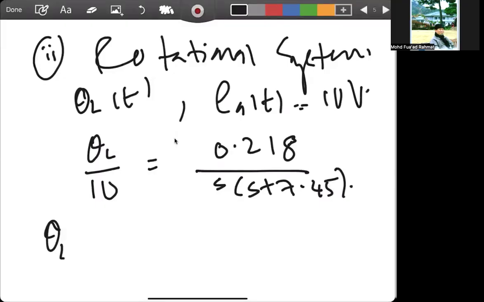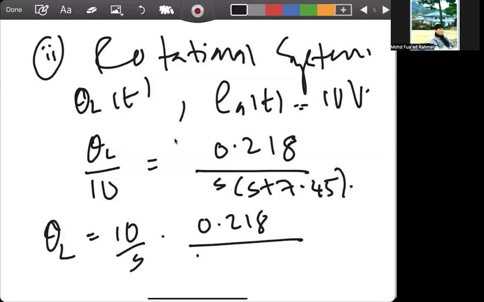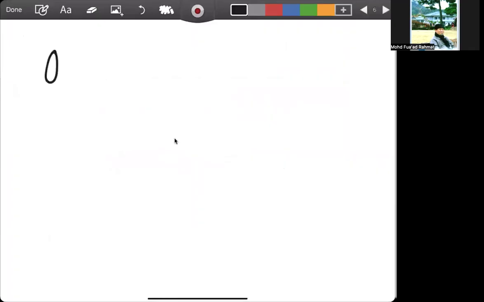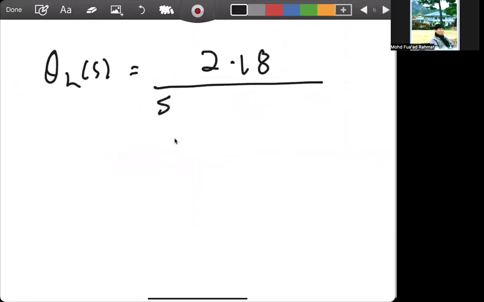Okay, so theta L is equal to 10 over S, 10 volt input. So when you take Laplace, it's 10 over S. So theta L, you will get 2.18 over S squared, S plus 7.45.